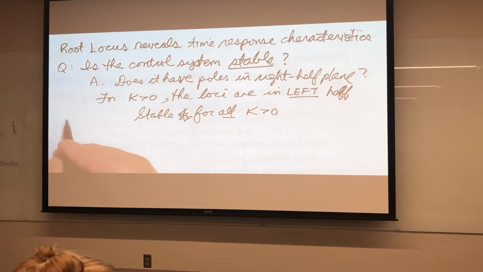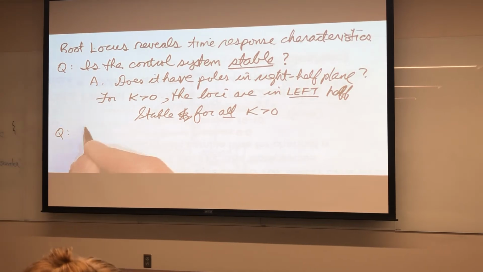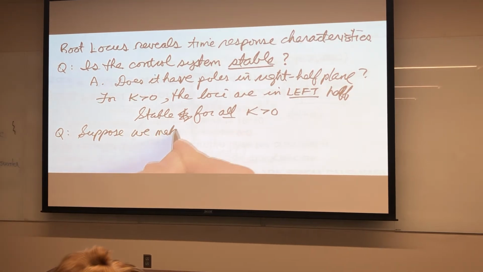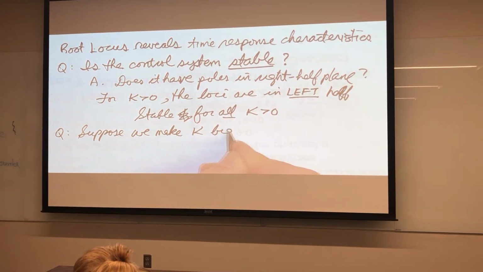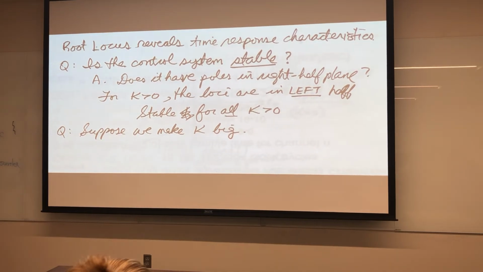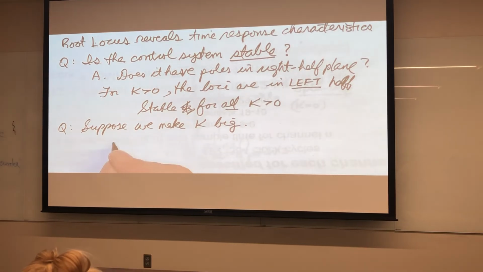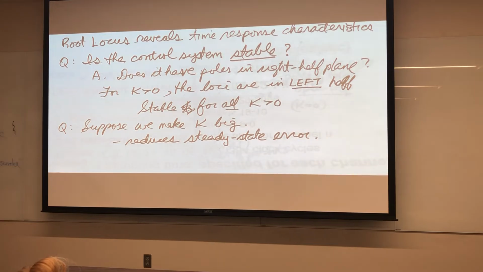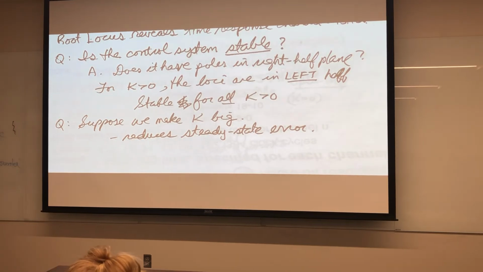So let's see what happens. Let's suppose we make k big. Why would we make k big? There are a lot of reasons to make gain large. Maybe we want to reduce the steady state error.